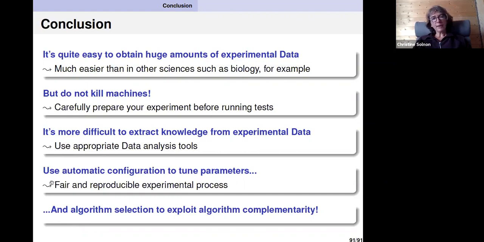It is always a good idea to use automatic configuration to tune parameters. This is much fairer, and it is reproducible. And finally, use algorithm selection to exploit algorithm complementarity, and this will allow you to obtain a much better approach. And that's my final conclusion.